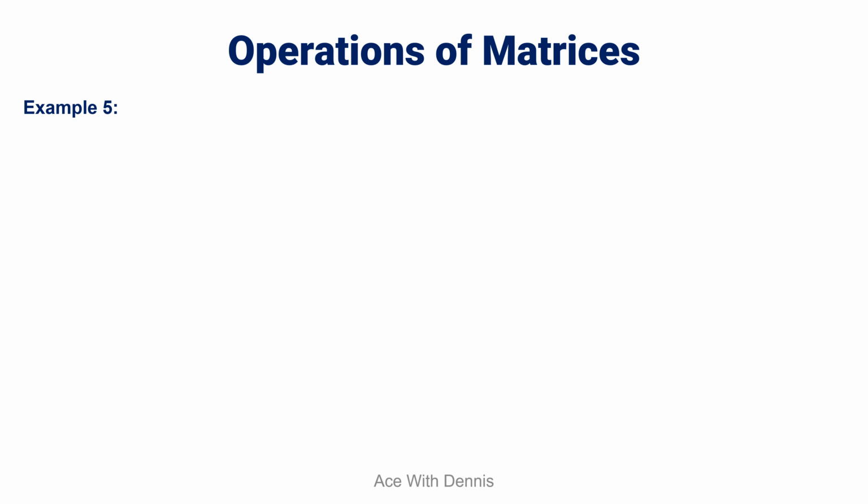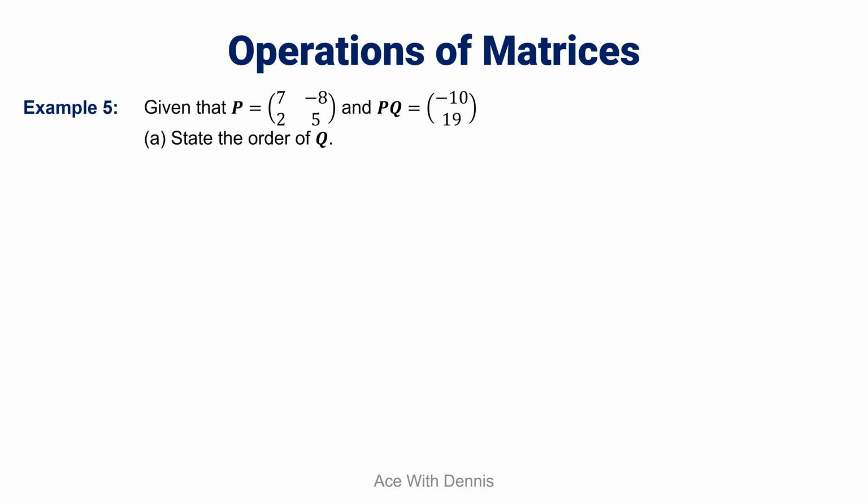Example 5. Given that matrix P equals matrix [7, -8; 2, 5], and matrix P times matrix Q equals matrix [-10; 19]. A. State the order of Q. B. Hence, find the matrix Q. So here's the solution.